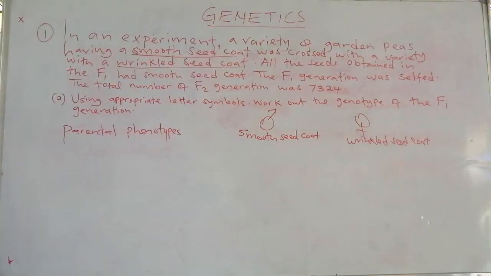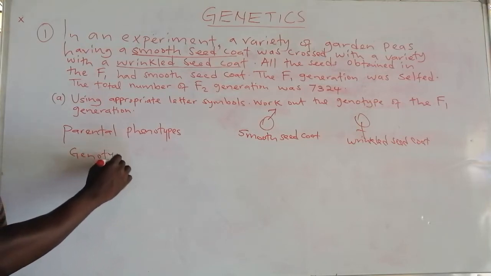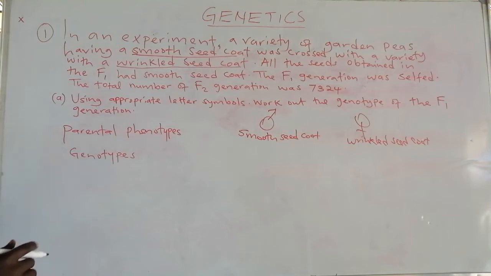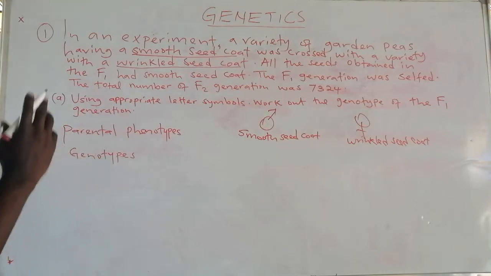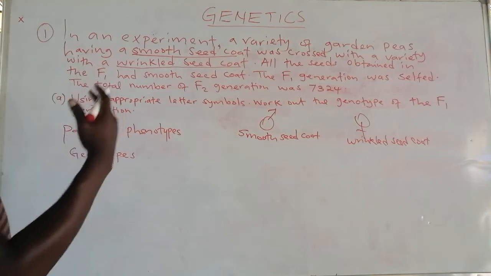Then, after phenotypes, we are going to look at the genotypes, the various genotypes of these parents. We had already identified the genotypes of the smooth seed coat, being that it was dominant over the wrinkled seed coat.